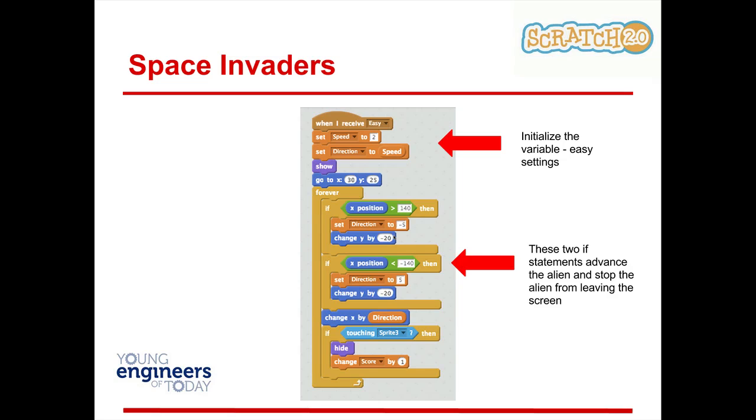And then change x by direction as well. If touching the laser, then hide, change score by 1. So it goes and does that. And this change direction is saying how fast that's all going to happen.